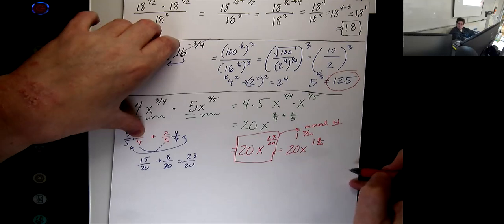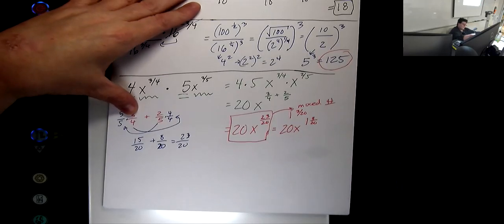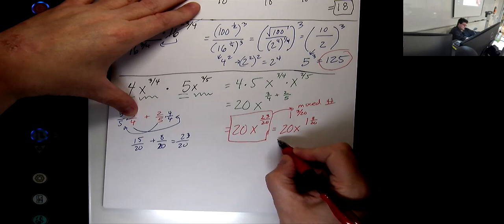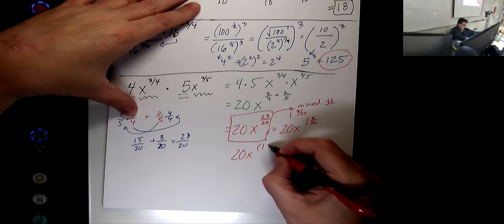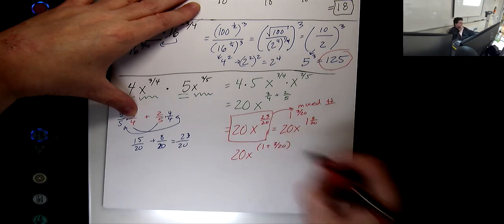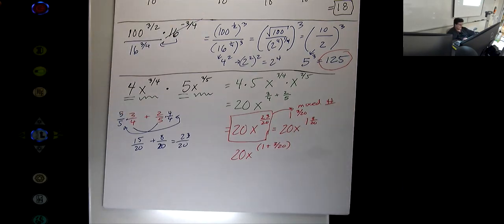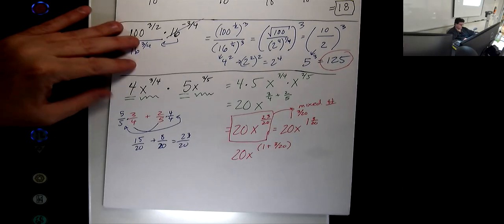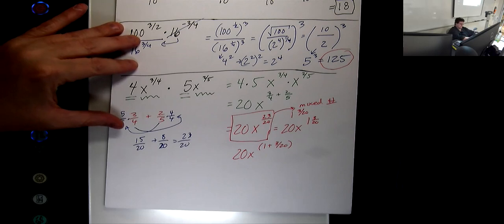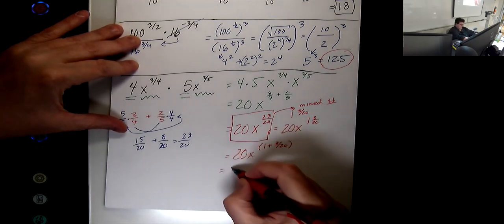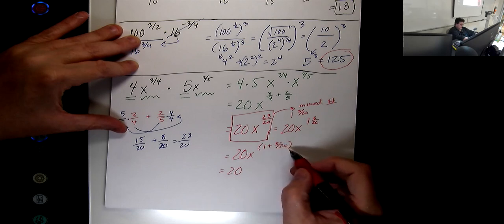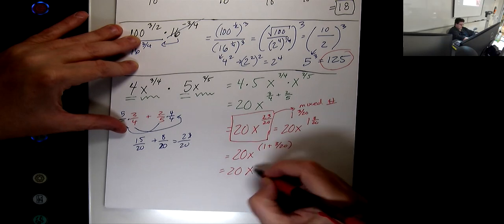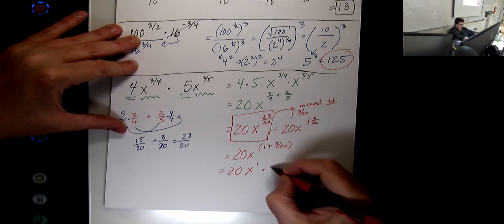I just want to illustrate some more ideas. Mixed numbers really mean 1 and 3/20 is 1 plus 3/20. And when we have numbers added together in exponents, what that meant is we literally, before that, had them like this.